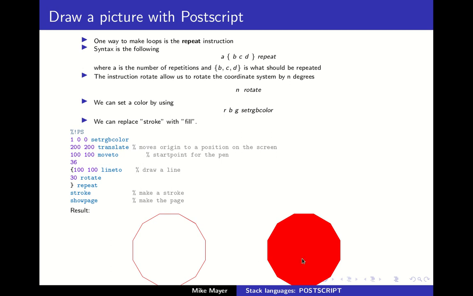If you want to have something like that, we have to replace the stroke instruction with the fill instruction. We can replace stroke with fill here, and if we do that, we get this result. The content of this polygon is filled up with this particular color, our color here.